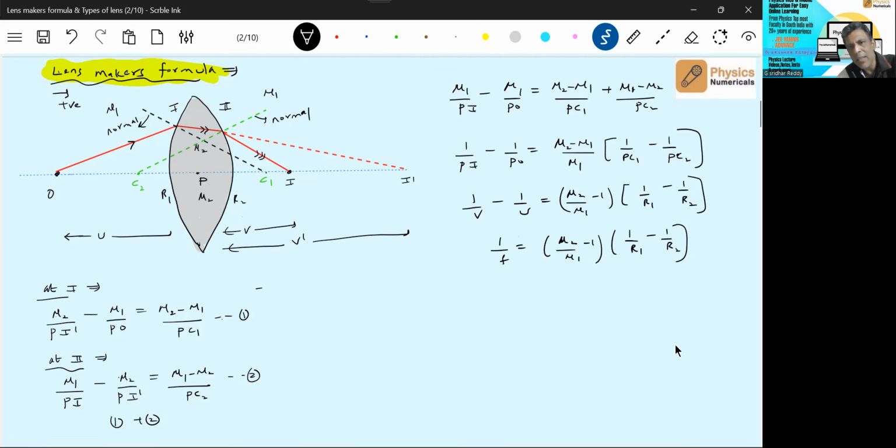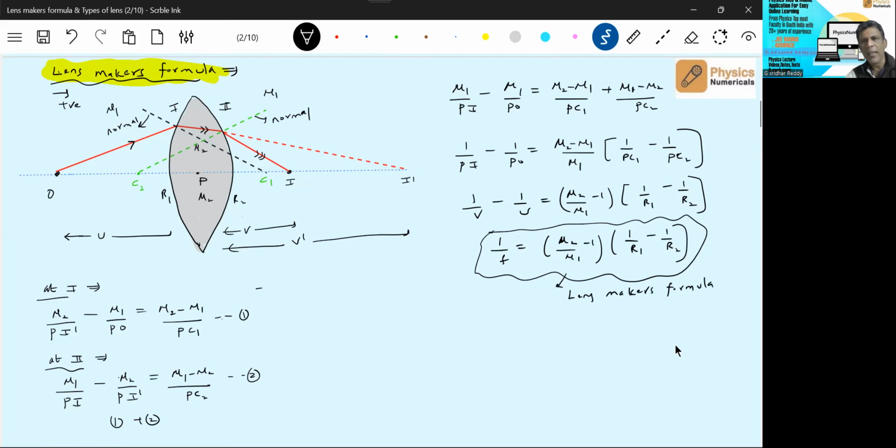Okay, this is the basic lens maker formula. Fine. So this is very fundamental, almost any lens you are constructing, you should take help of this particular thing. What all we discussed is applicable for a thin lens.